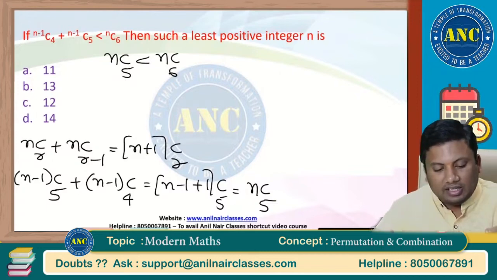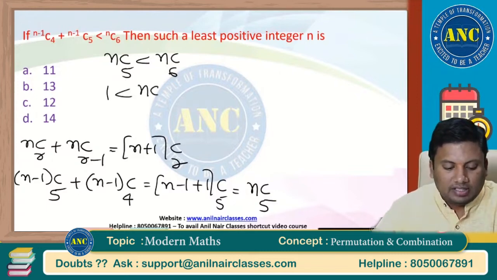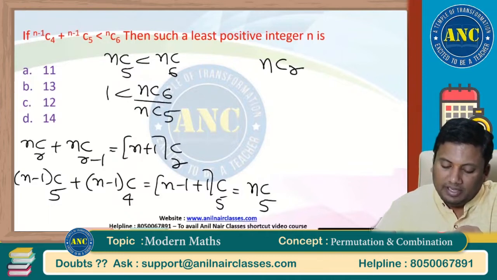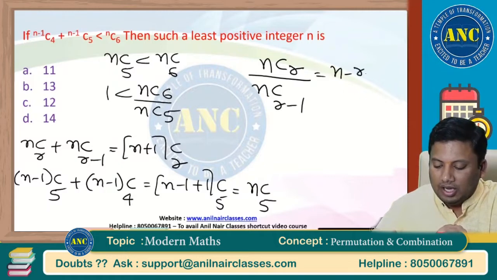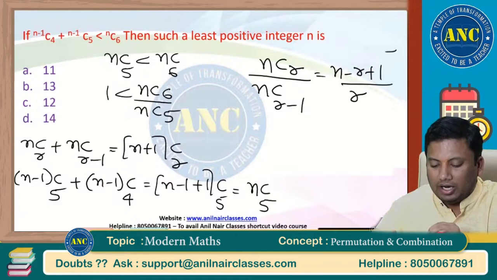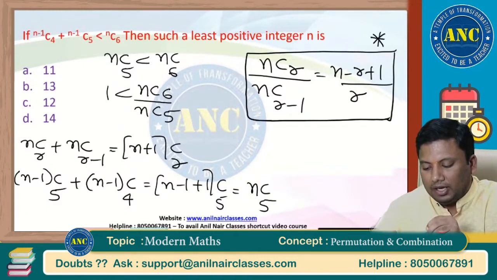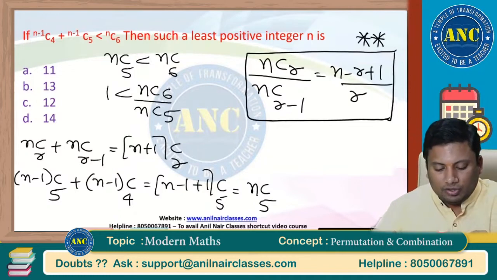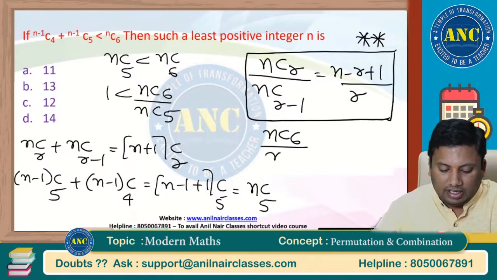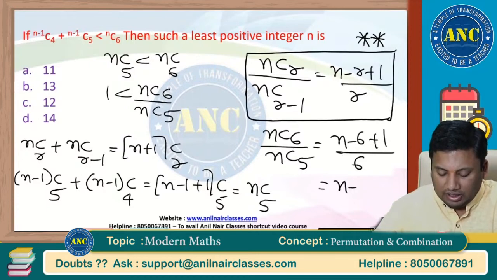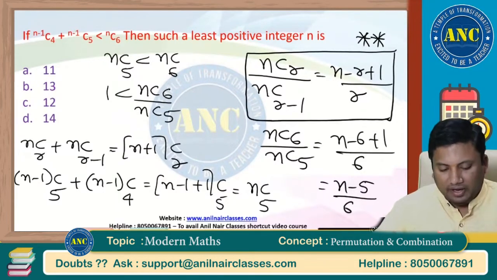What is the other concept that we discussed? 1 is less than nC6 by nC5. What is the other property we discussed? nCr by nCr minus 1 is n minus r plus 1 by r. So nC6 by nC5 is n minus 6 plus 1 by 6, which is n minus 5 by 6.